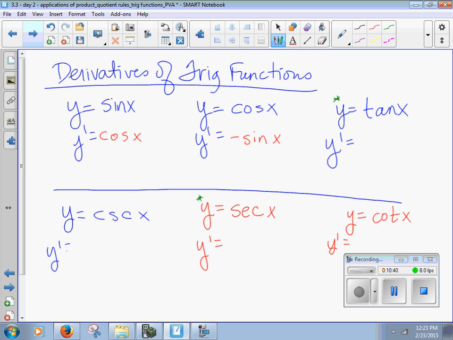We will most of the time find the derivatives of sine and cosine. Those are the ones that are going to show up the most. The two with the little green asterisk are the ones that are going to show up the next most.